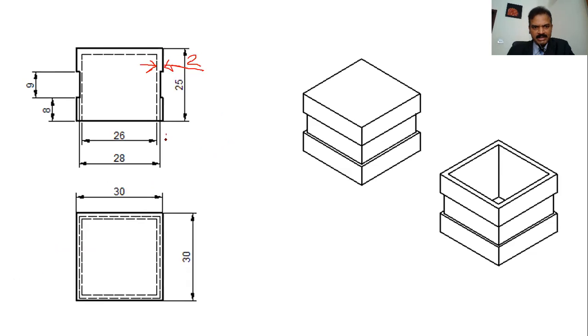Let us provide that. The material can be polycarbonate, that is PC, and you need the shrinkage value for this.